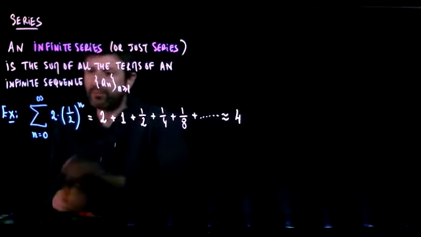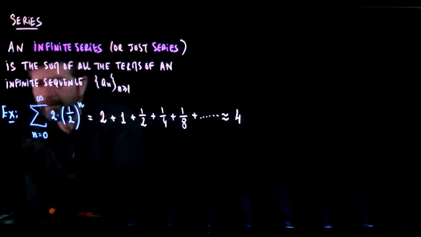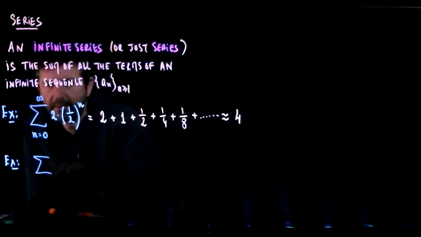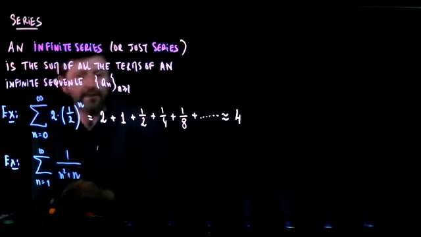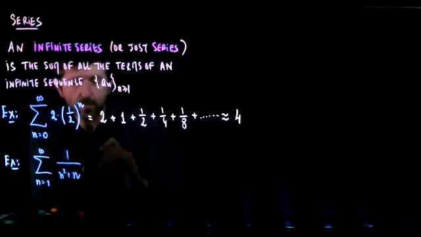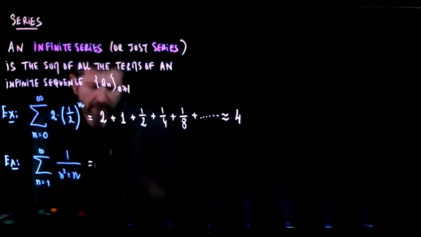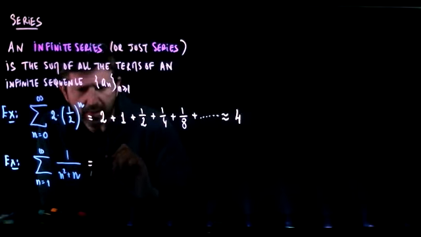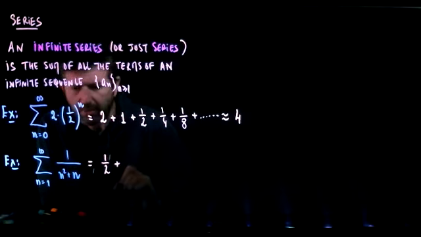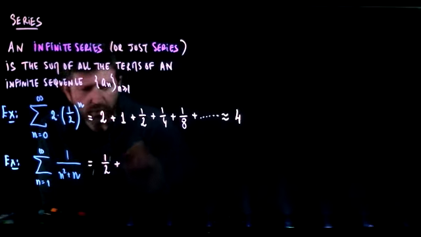Another example. Let's say the sum from n equals 1 to infinity of 1 over n squared plus n. Same idea. You plug in 1, you get 1/2. Plus, if you plug in 2, you get 1/6.